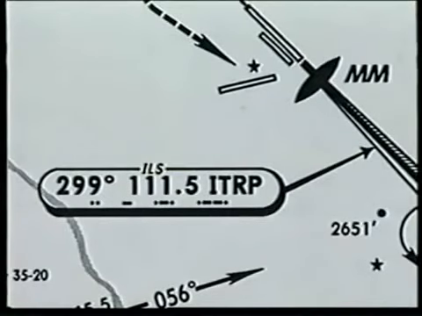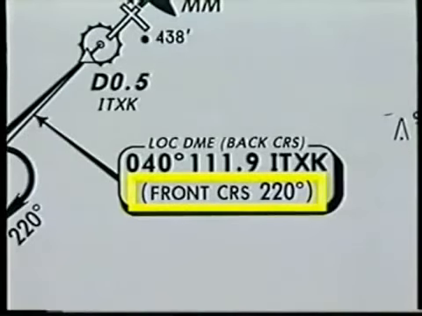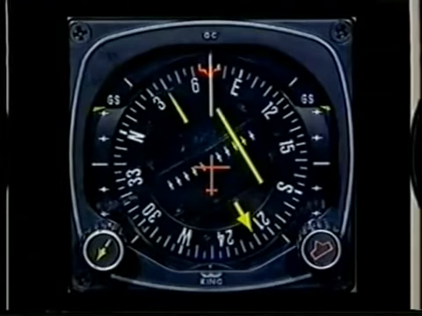If the facility is a localizer, ILS, LDA, SDF, or MLS, the nav aid information is enclosed in an oval. On localizer backcourse approaches, the front course is also included for aircraft with HSI equipment. By setting in the front course, the HSI displays normal sensing.